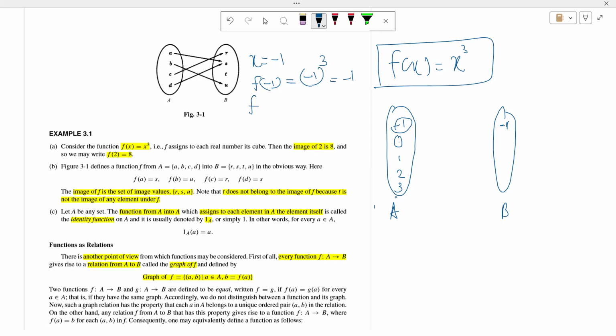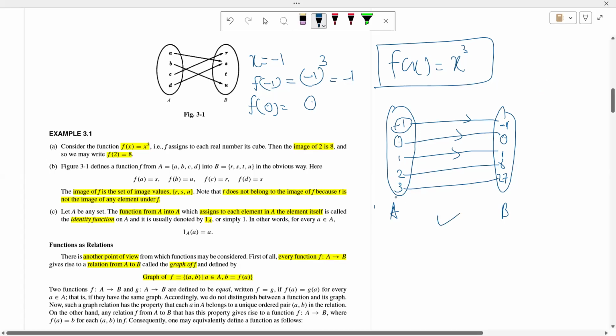Similarly, if I put x equal to 0, then it is 0. So this has a relation with this one, and this has a relation with this one. If I put 1, it becomes 1. If I put 2 here, 2 to the power 3 is 8. If I put 3 here, 3 to the power 3 is 27. So this is the function. This way we can find it out.